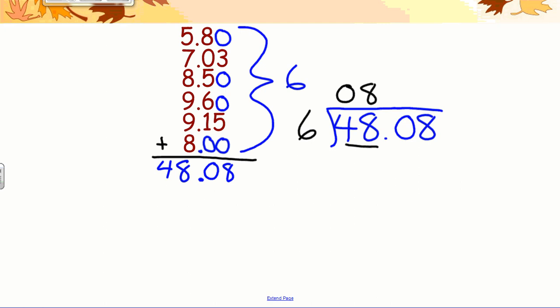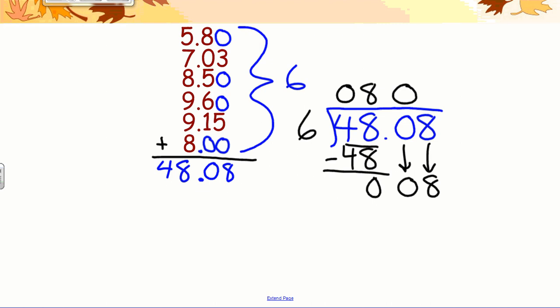It goes into that 8 times. 6 times 8 is 48. And we bring the 0 down. 6 goes into 0 0 times. And again, we would bring the 8 down. 6 goes into 8 once.